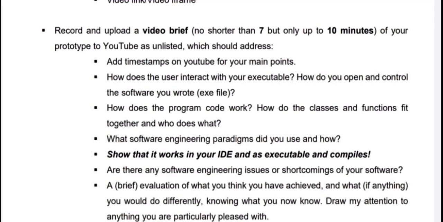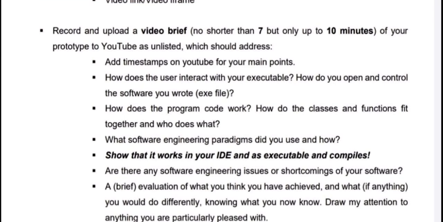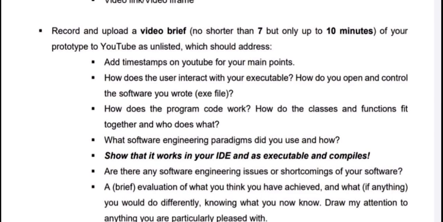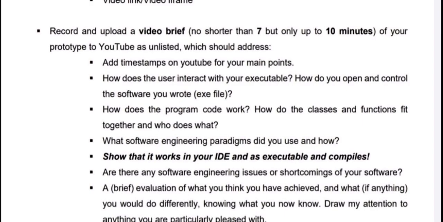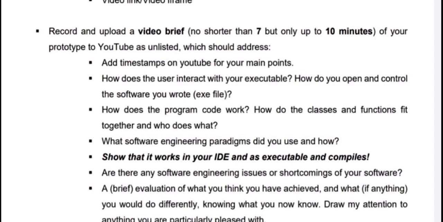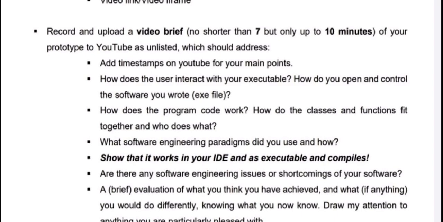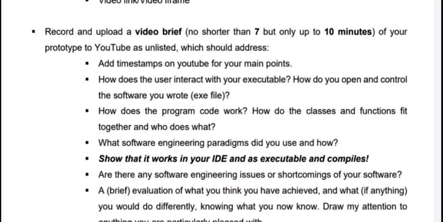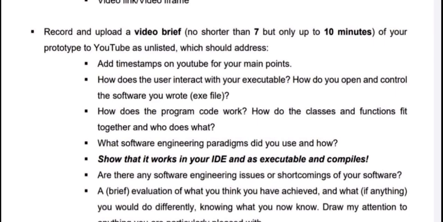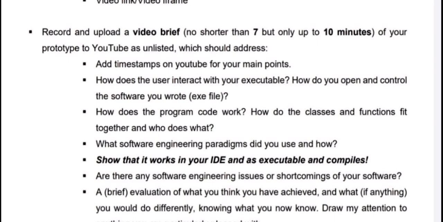Are there any software engineering issues or shortcomings of your software? In this project, for instance, I have implemented several methods to document. I have utilized OOP, as you can see, such as encapsulation, inheritance, and polymorphism.